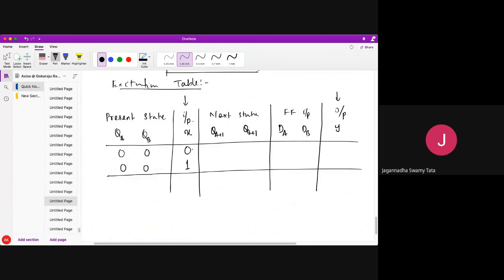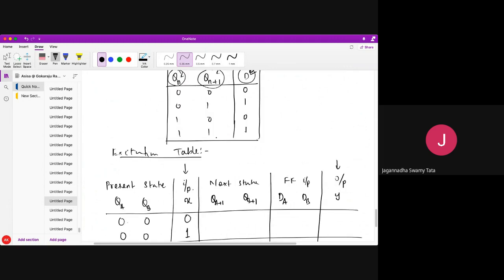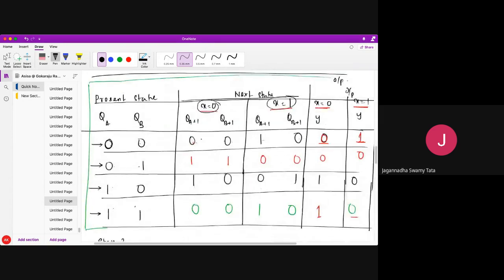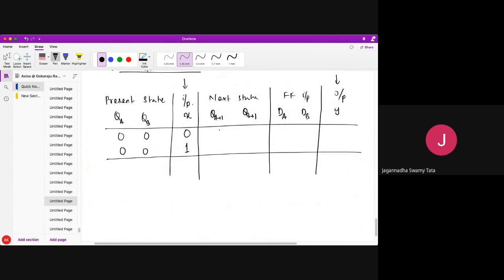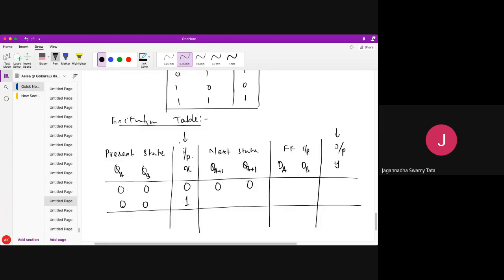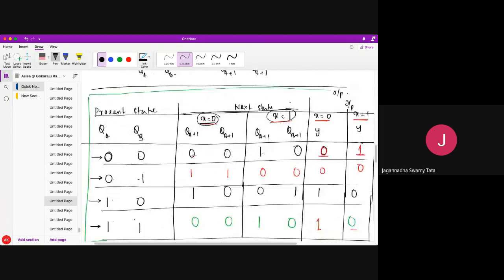Okay. For input 0, if the present state is 0 0, what is the next state? If it is going to 0 0 for input 0, the next state is 0 0. That only I am going to write down here, 0 0. For present state 0 0, if input is 1, what is the next state? If input is 1, my next state is 1 0.